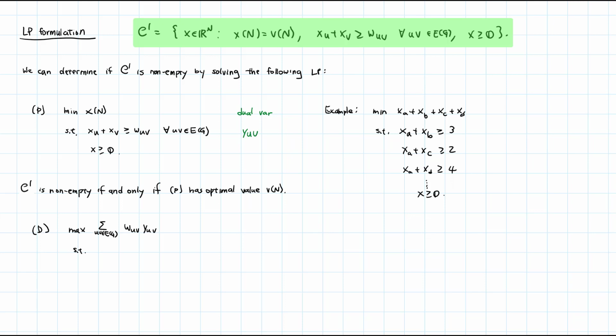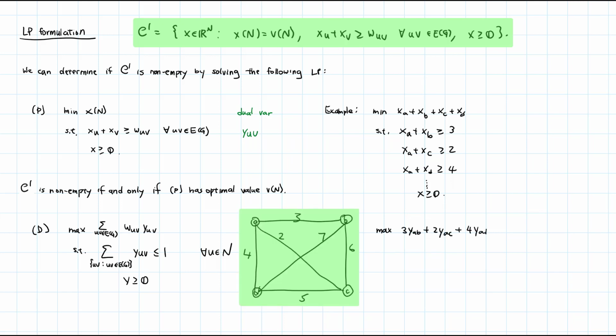For the constraint, we see that there is one constraint for each of the primal variables, so we have a constraint for each U in N. Now XU appears in constraints in the primal for the edges that are incident with U. So in the dual, we sum over all the edges that are incident with U, their value of YUV. And this is at most 1, and Y is at least 0. And that is our dual.